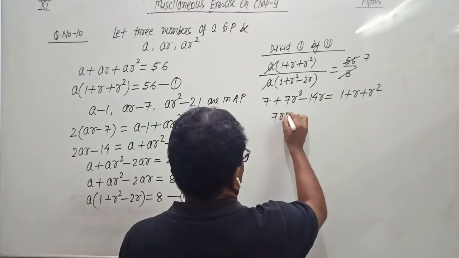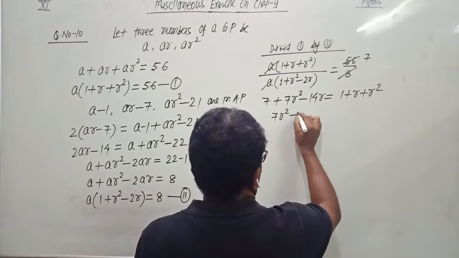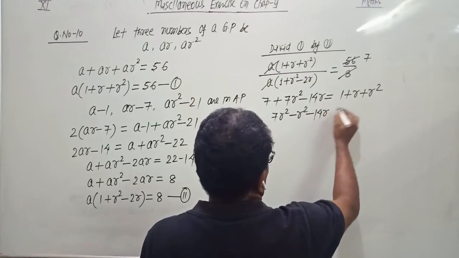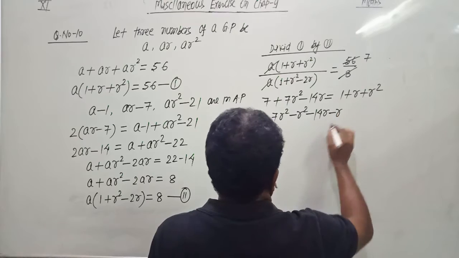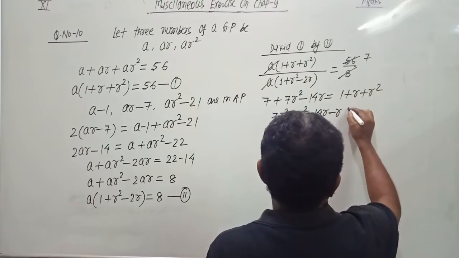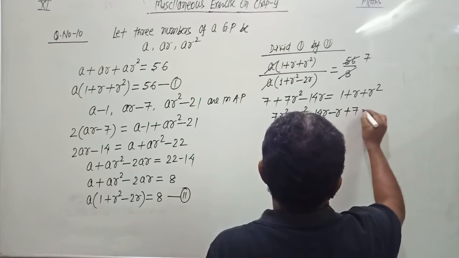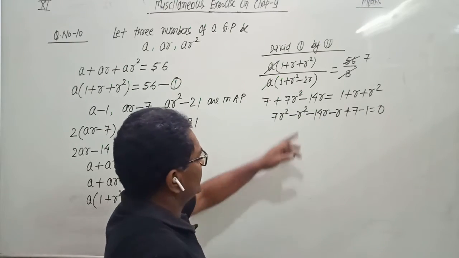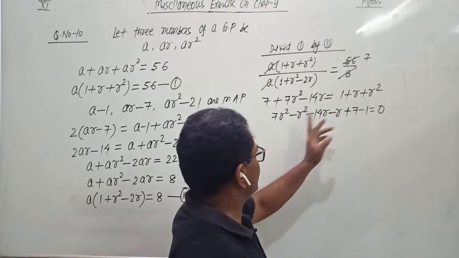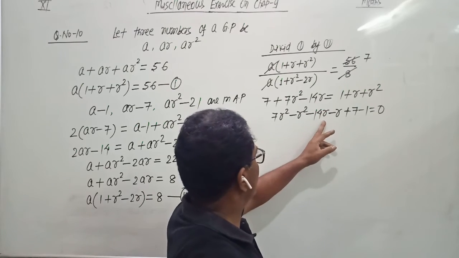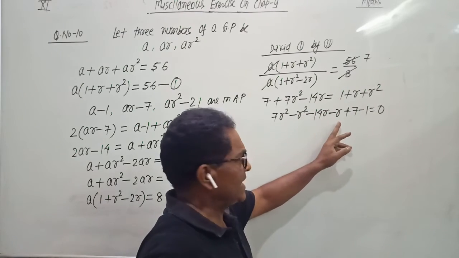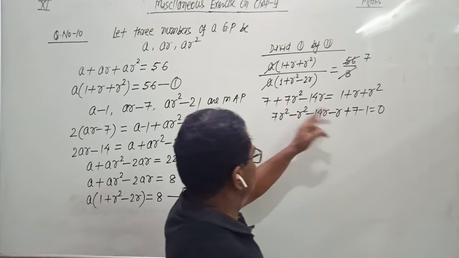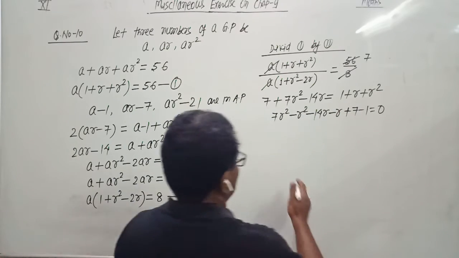7R square minus R square, minus 14R minus R, and plus 7 minus 1 equals 0. The R will go on my left side, becomes negative, and plus 7 and minus 1 equals 0.